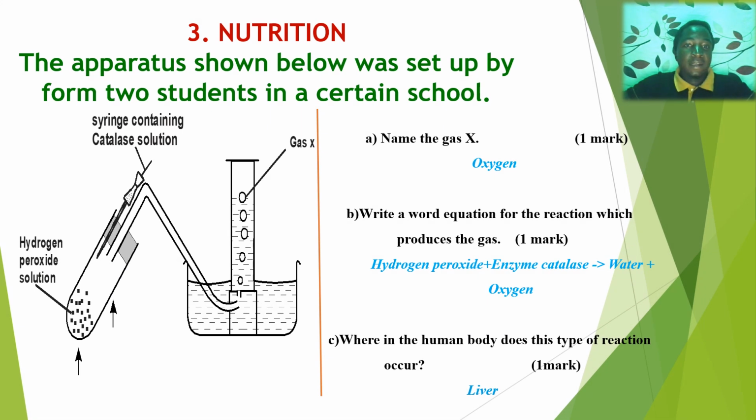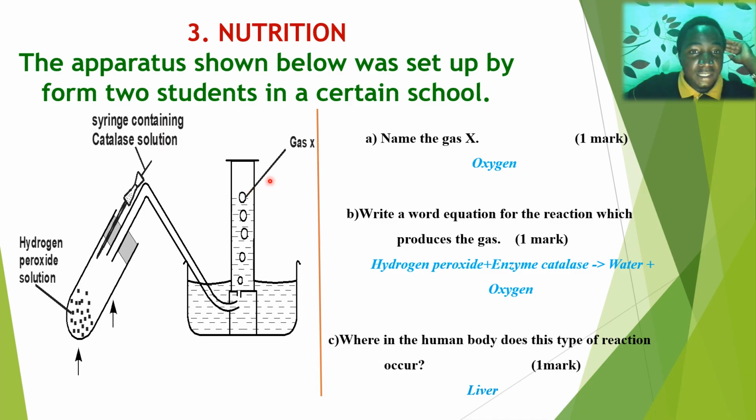Question 3 comes from the topic nutrition. And the question is that the apparatus shown below was set up by Form 2 students in a certain school. So this is the apparatus. We can see this could be a boiling tube because there is some sort of heat.